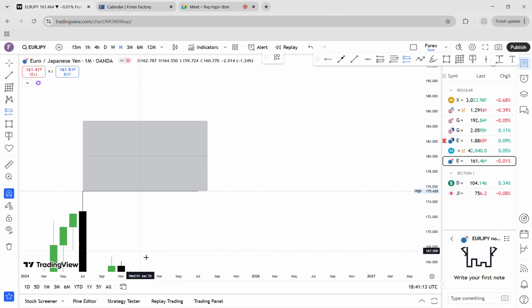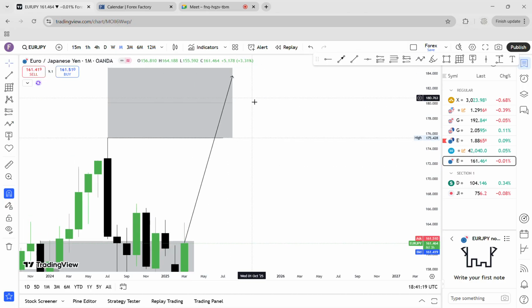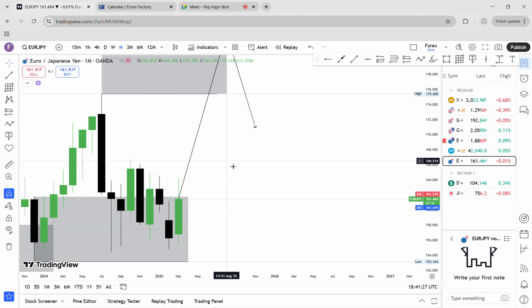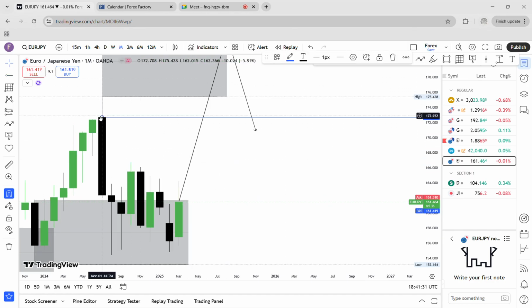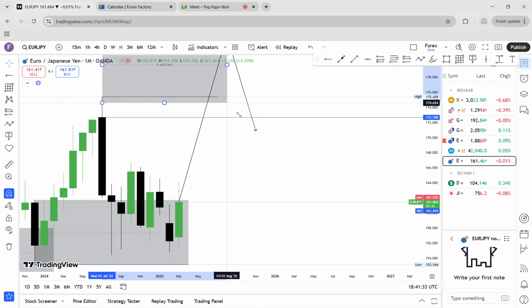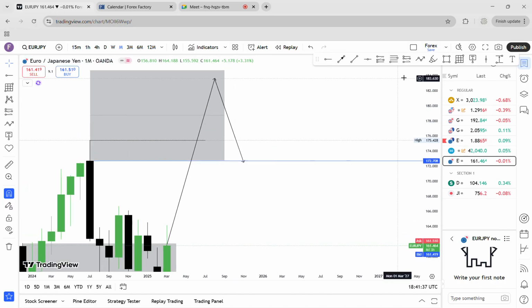Then as soon as we break this high, now we expect sellers to participate to push this market back to wherever area that price, because for now this will be the area, this body, for example. It could just come back to this area and, for example, continue going higher.